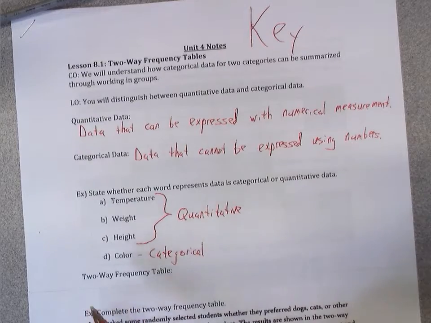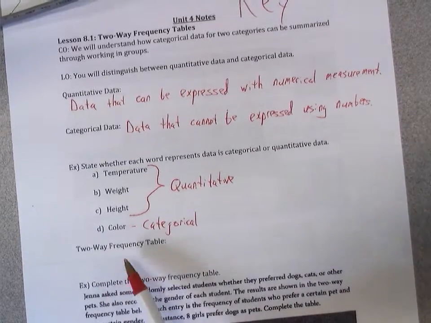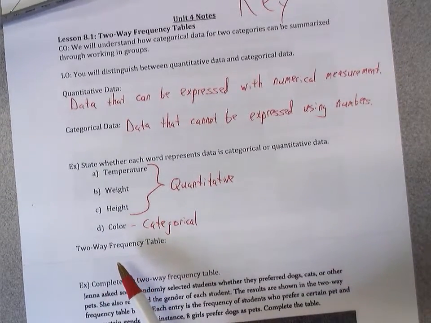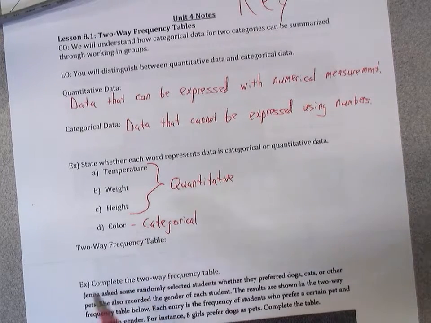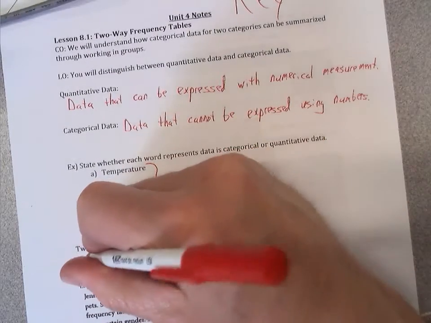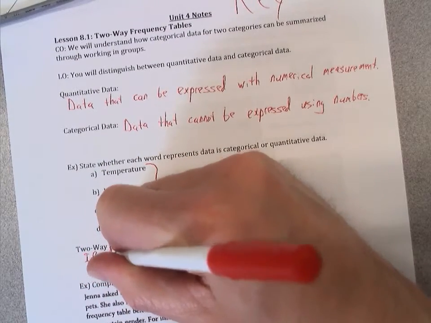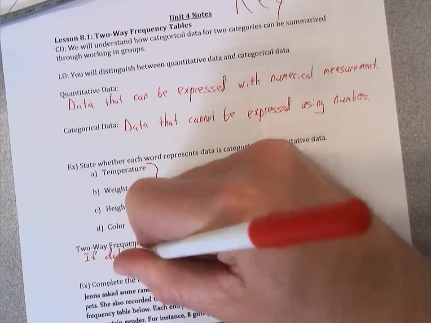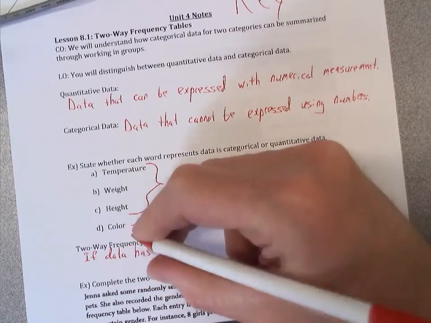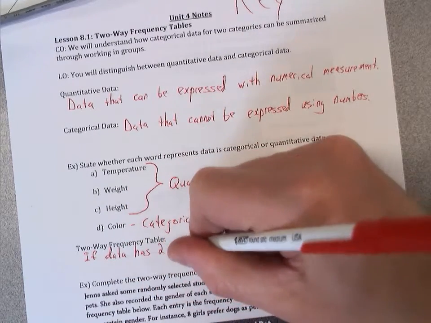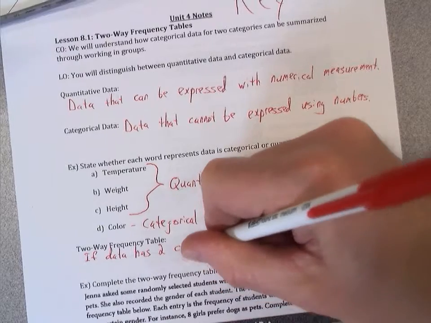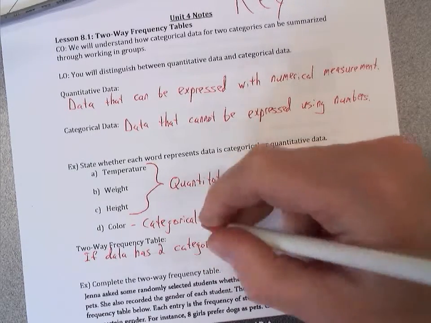Okay, so next we're going to talk about two-way frequency tables. A two-way frequency table is something that we use if data has two categorical values, then you can list the frequencies in a two-way frequency table. So let's write that down. If data has two categorical values, okay?